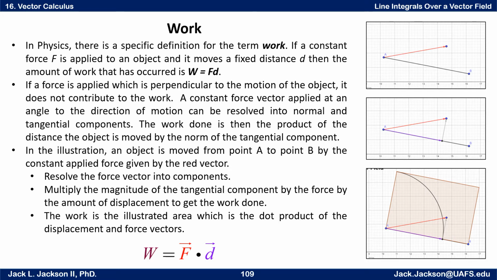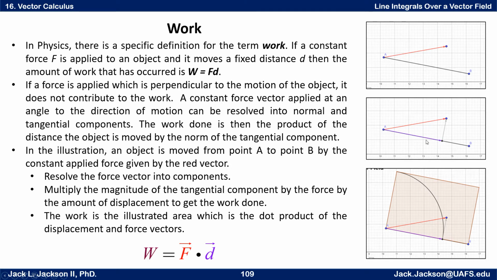So in the illustration you see to the right, we move an object of some kind from point A to point B in that direction, and we do it by applying this force at some angle here. We resolve that into components so that we have a normal component, which is really irrelevant, and the relevant tangential component, or the component in the same direction.